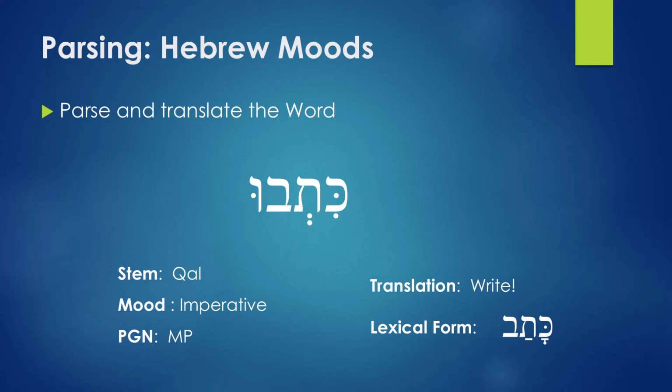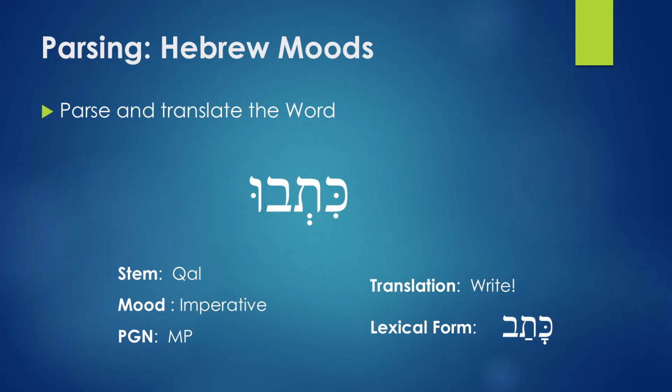Again, how do you find the lexical form? By removing all endings, all suffixes or prefixes, removing all vowels, and putting kametz and patach on the first and second consonant. So you have katav. Katav means he wrote. So when it's imperative, it becomes write. On PGN, remember it doesn't have person, so you're going to have masculine plural. Moods do not have person. There's no need of showing person in moods. Why? Because cohortative is already known to be first person.